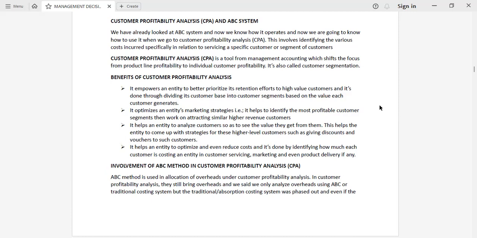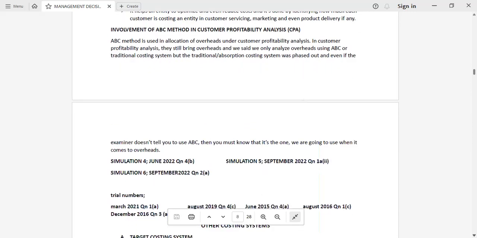In customer profitability analysis, they still bring overheads, and we said we only analyze overheads using the ABC or the traditional costing system. But the traditional costing system was phased out, and even if the examiner didn't tell you to use the ABC system, then you must know that it is the one that we are going to be using whenever it comes to overheads.